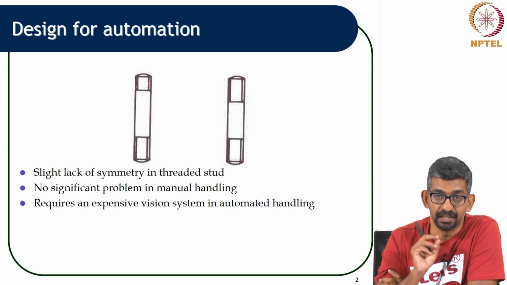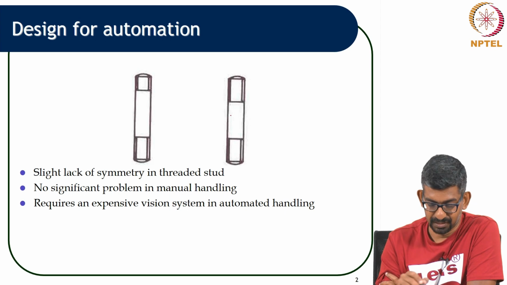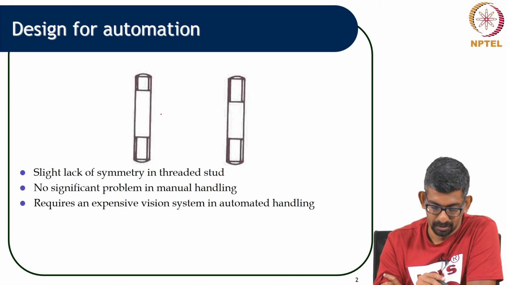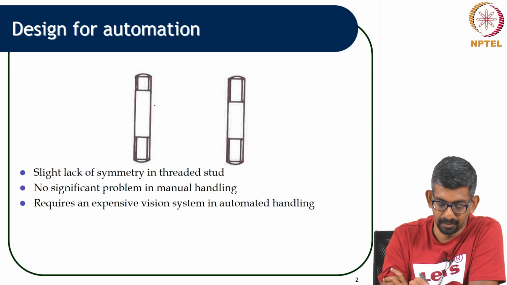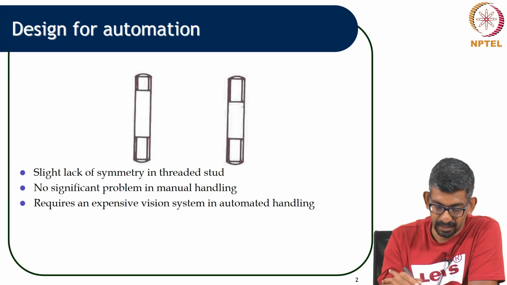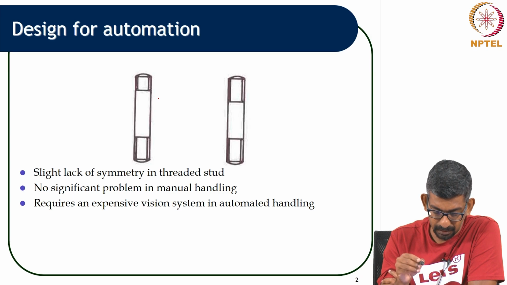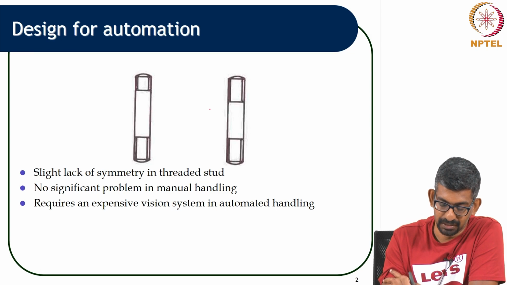From the handling perspective, there is no big difference in handling these two manually. However, if you are going to use a robot and the robot has to distinguish between this and this, let us say this is stud A and this is stud B, or family A and family B, the automatic assembly system has to distinguish this from this.